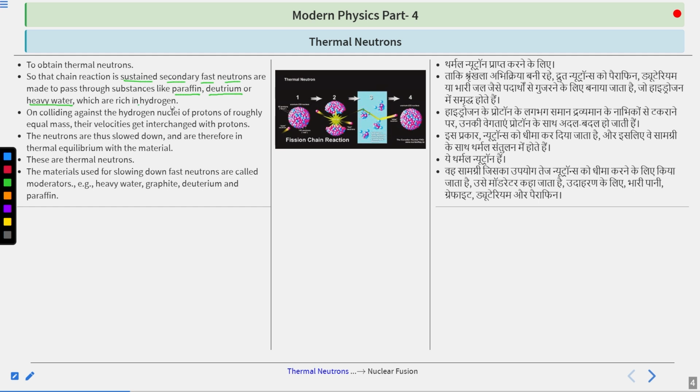On colliding against the hydrogen nuclei, the protons having roughly equal mass, velocities get interchanged with the protons. The neutrons get slowed down and become thermal equilibrium with the material, and what we obtain is what we call thermal neutrons. The materials we use to slow down these fast neutrons are the moderators, which are heavy water, graphite, deuterium and paraffin. Got it?